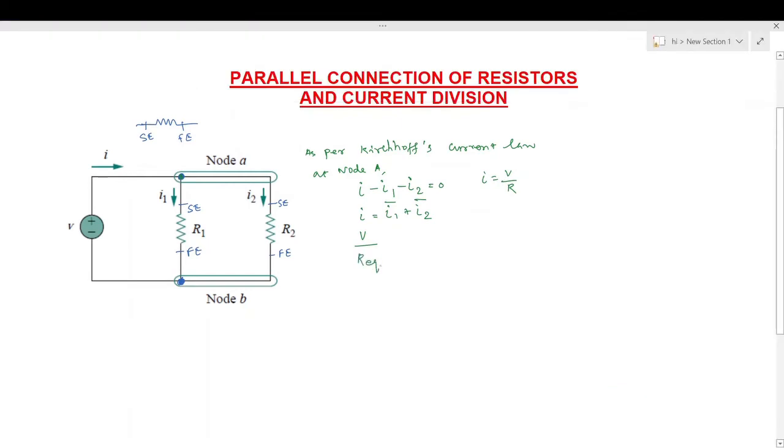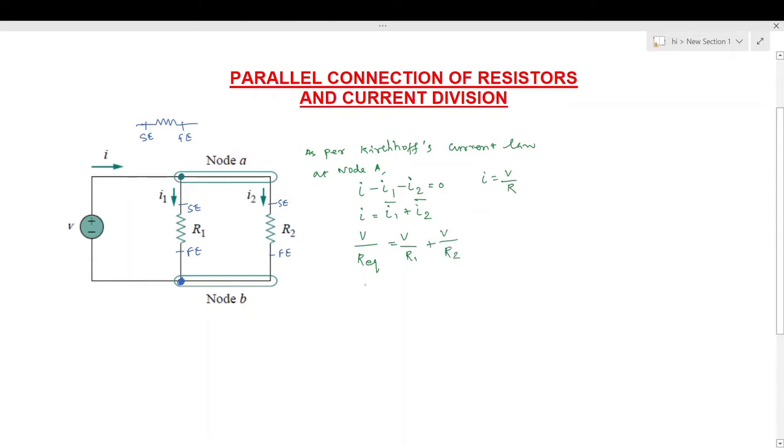So R equivalent I have written, and for the current I1 flowing through R1, as I stated earlier, the voltage across both the resistors will be the same, that is V, so we will write V by R1 here, and in the same manner for I2, V by R2.